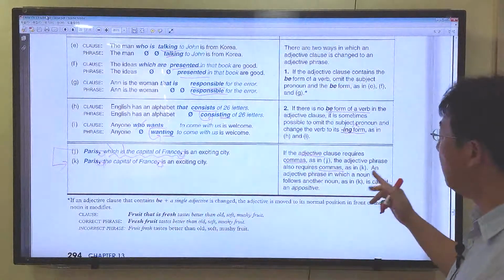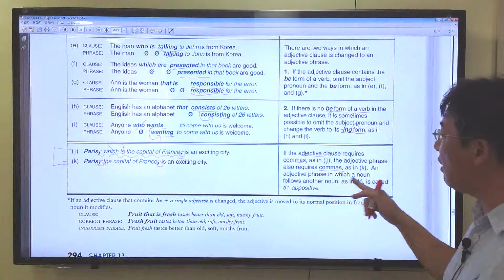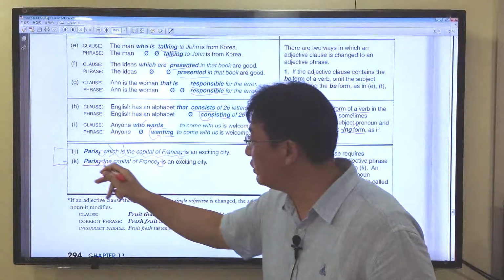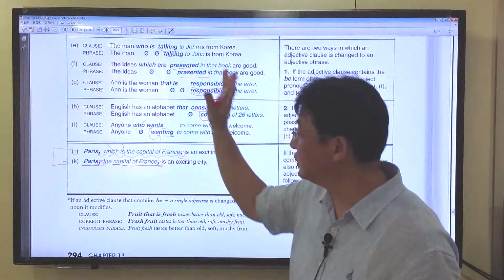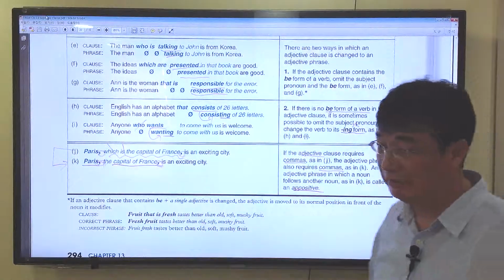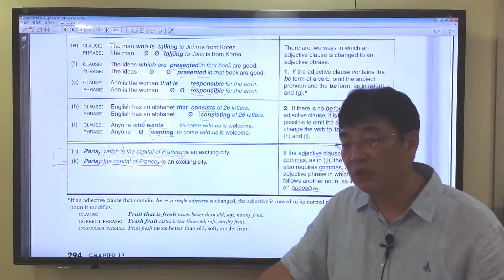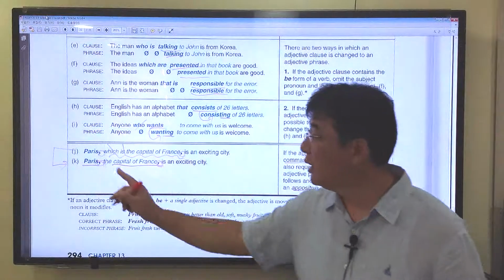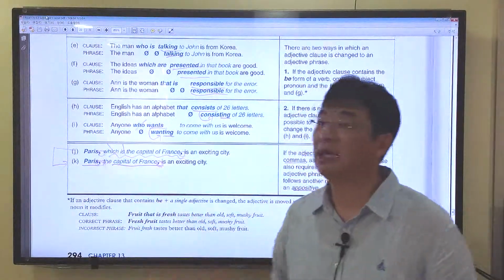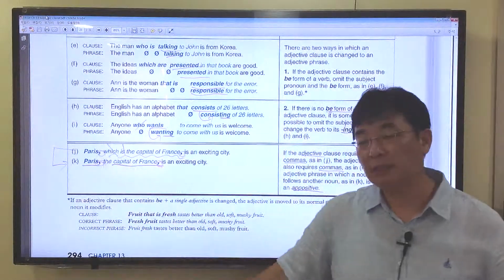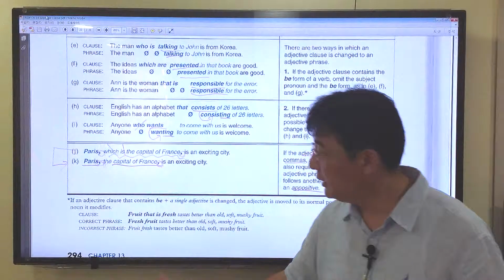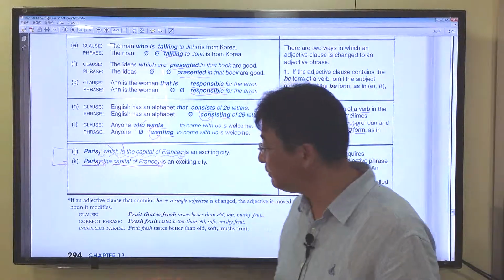그죠? 자, 그 다음에 an adjective phrase in which a noun follows another noun. 그럼 어떻게 됩니까? Noun follows another noun이죠. 위에는 그런 거 없었죠. 그죠? 그러면 결국에는 뭐가 된다는 말입니까? It becomes an appositive. 그죠? 형용사절이라기보다는 동격이 돼버리는 겁니다. 어떤 거? 파리는, 어떤 파리? 프랑스의 수도인 파리는. 알겠죠? 명사로 이루어진 동격이 된다는 겁니다. 아시겠습니까? 자, 밑에 additional explanation 보겠습니다.